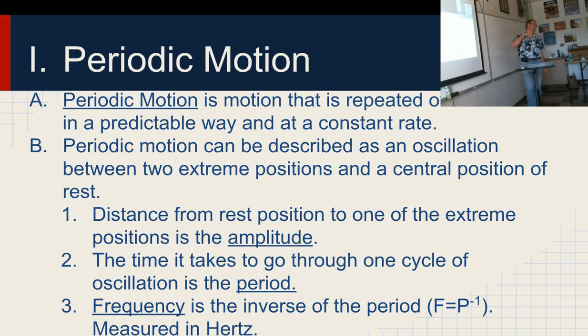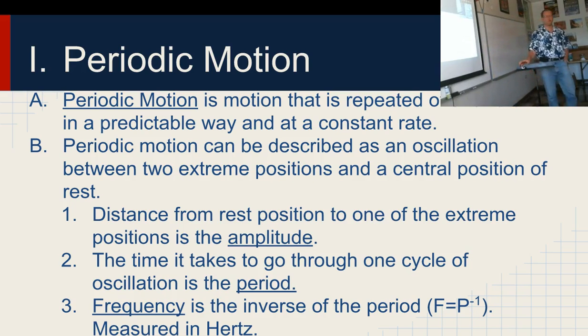Their frequency would be 1 divided by 3, which would be 0.33333, whatever. And that would be their frequency, their hertz, the number of cycles in a second instead of the number of seconds per cycle. So the frequency is the period raised to the negative first power. It's the inverse of the period gives you the frequency.